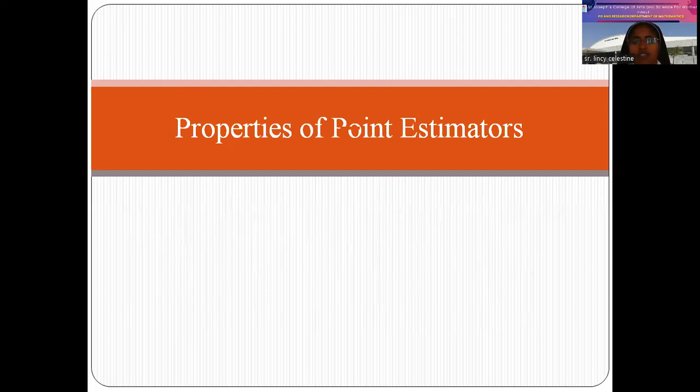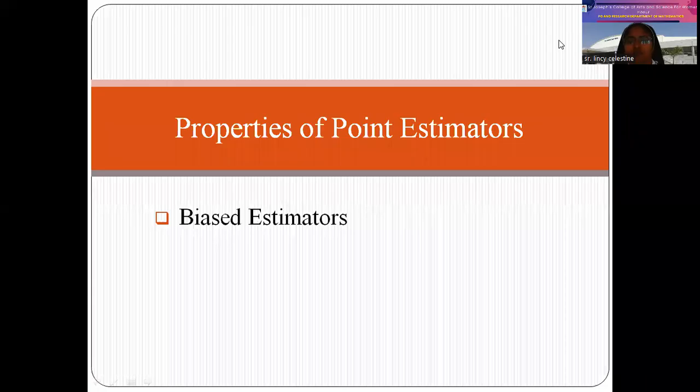Next, in this point estimator, there are three types of properties. First one is biased estimators. Second one is consistency estimators.